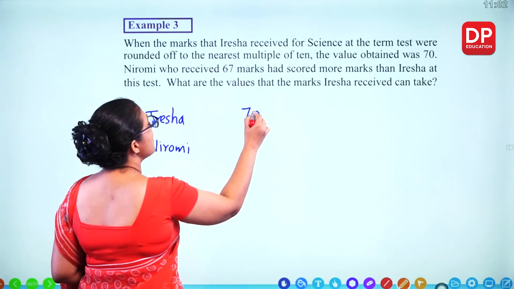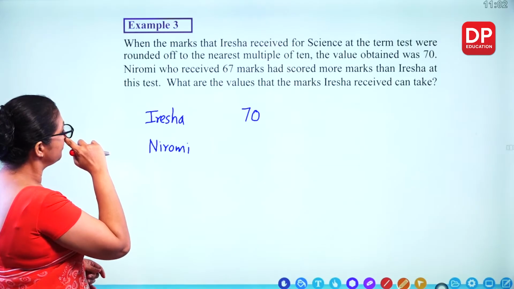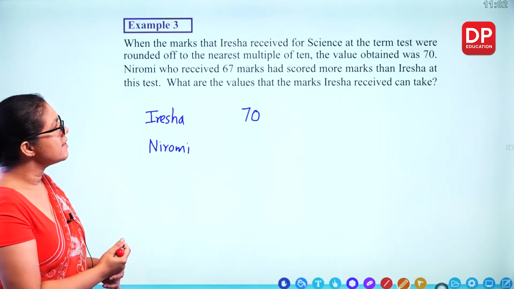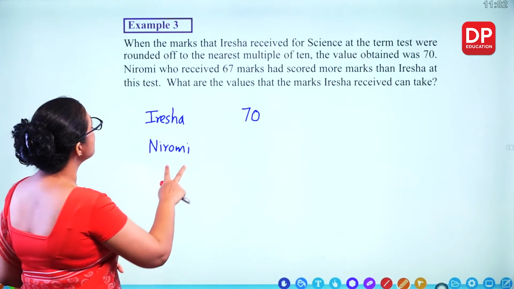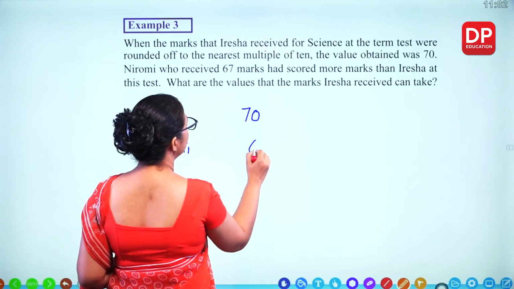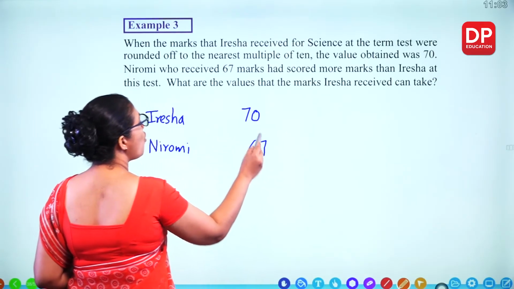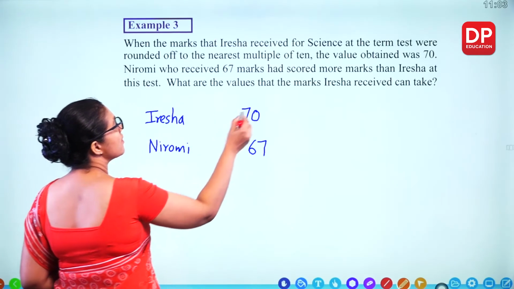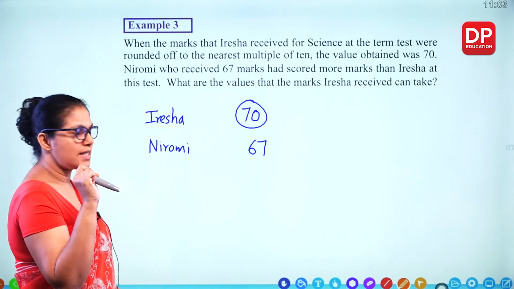So 67, but more than Erasure. So this is 67. Now it says this is more than Erasure's mark. This is a rounded value. How can you get 70 there?